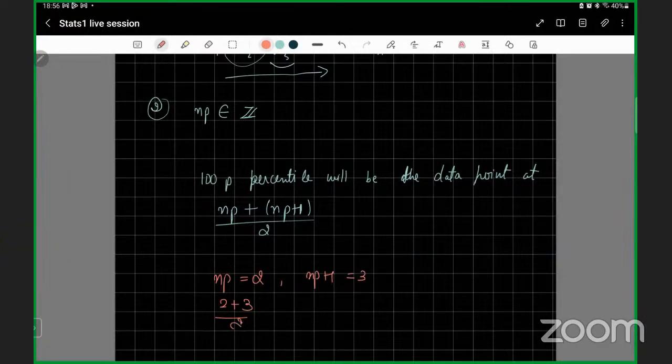So it is the mean of the second observation and the third observation when NP is 2. Let me correct it: it will be the average of the data points at NP and NP plus 1.